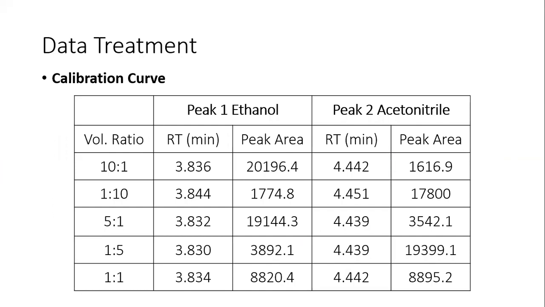So these are the data for the calibration curve. Although in the experiment module, na-solve na kasi yung calibration curve. So try to work on the calibration curve on your own and then check if you will obtain the same values found in the experiment module.